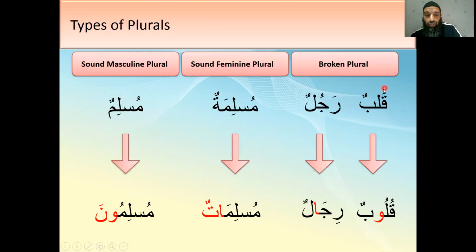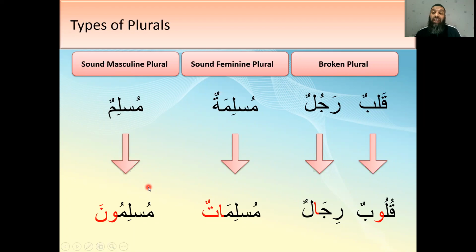Now I want to ask a non-Arab. This one here is Muslim. The plural is Muslimuna. First, why is this a masculine plural? Anybody? There's no ta marbuta. Yes, okay, so it's a masculine word, so it's called a masculine plural.